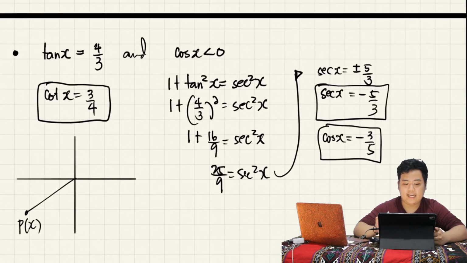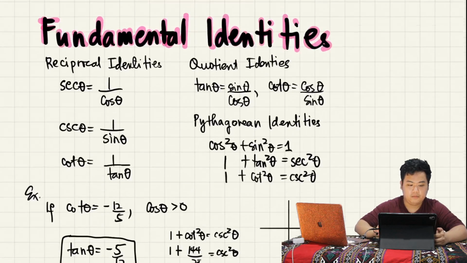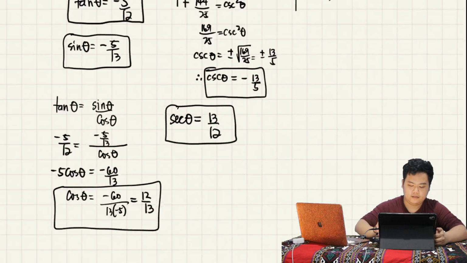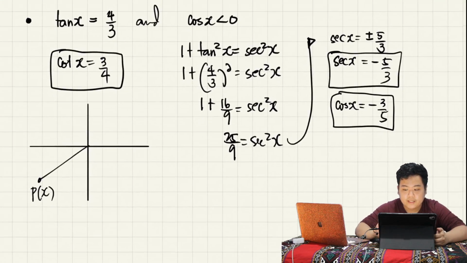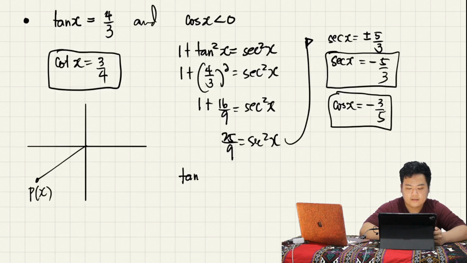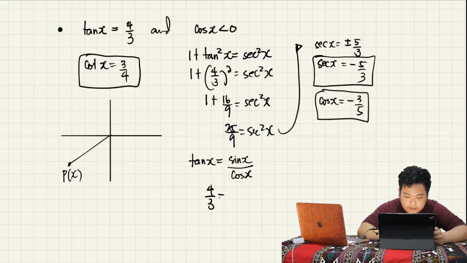And how do you get sine? You can use the what identity? Pwede tayong gumamit ng quotient identities. So, sinong gusto nyong gamitin? Sige na nga, kay tangent na lang kasi tangent yung meron tayo. So, tangent x is equal to sine x over cosine x. We know that tangent is 4/3. Cosine x is negative 3/5.